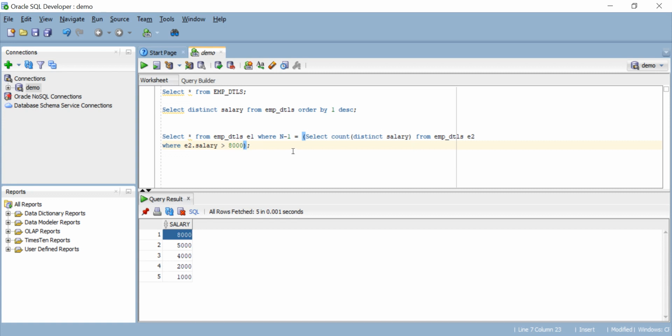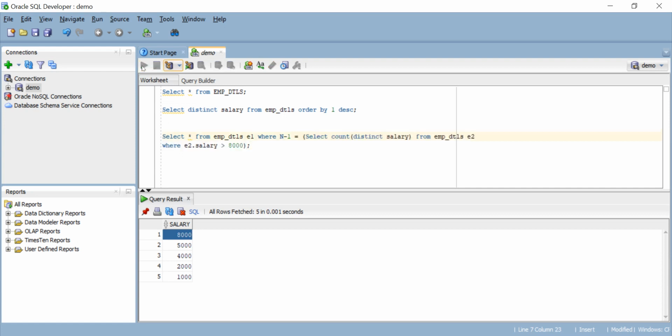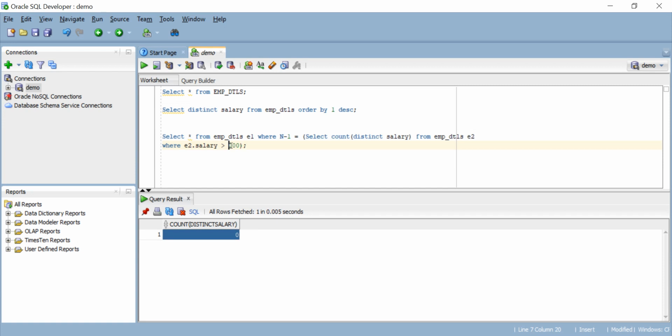Now, if we try to run this query, where this is select count of distinct salary, what is the count of distinct salaries above 8,000? That is 0, because 8,000 is the highest salary. The second highest salary was 5,000.